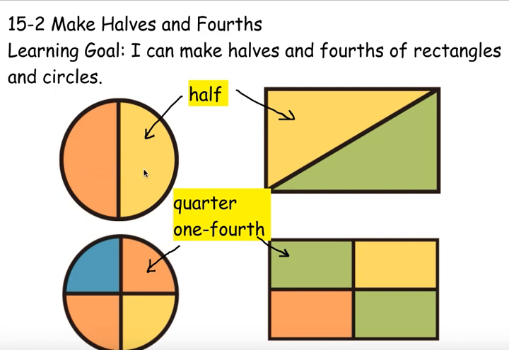They're equal shares. And here, this shape, it's because I put a line from this corner all the way to the other corner. And I know if I cut this shape down, these two triangles would match. So they are also equal shares.